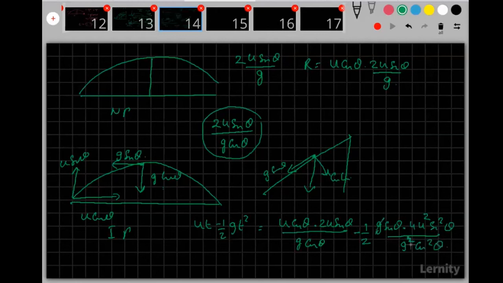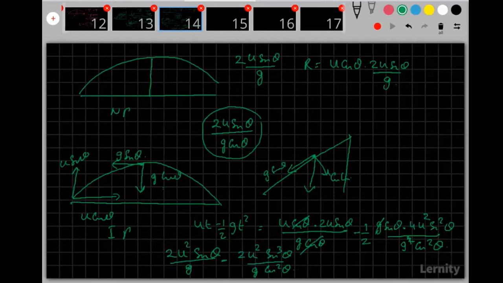So this g gets cancelled, and this cos theta gets cancelled. So it will become 2u squared sine theta by g minus 2u squared sine cube theta by g cos squared theta. So this is what you can do.